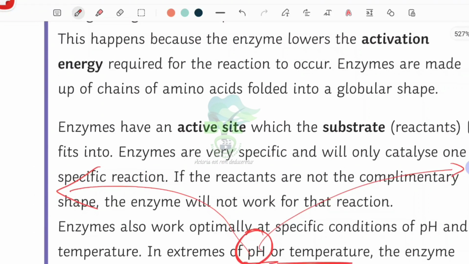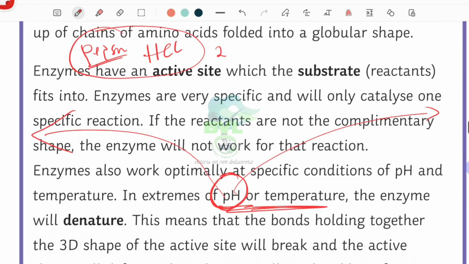However, there's one particular enzyme called pepsin, the one we talked about earlier in the stomach. Because of the presence of HCl, this enzyme is the only one that can actually work at a pH of 2. That's very acidic, but it can still work. Other than that, other enzymes don't work at extreme pHs. They work at a more alkaline or more neutral pH.